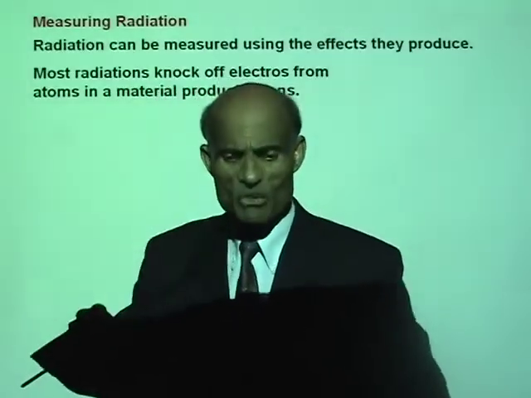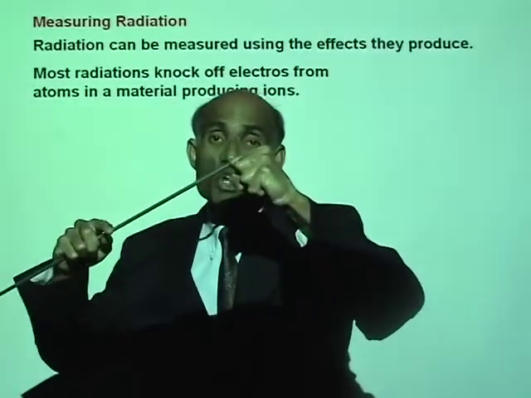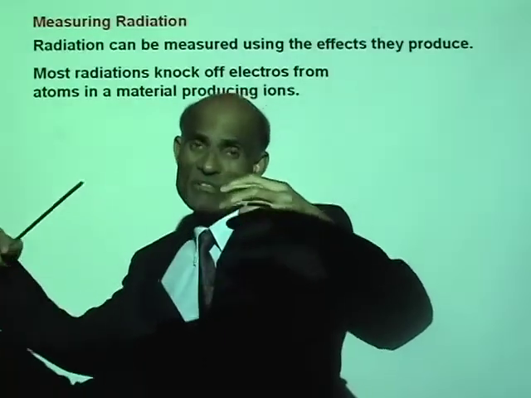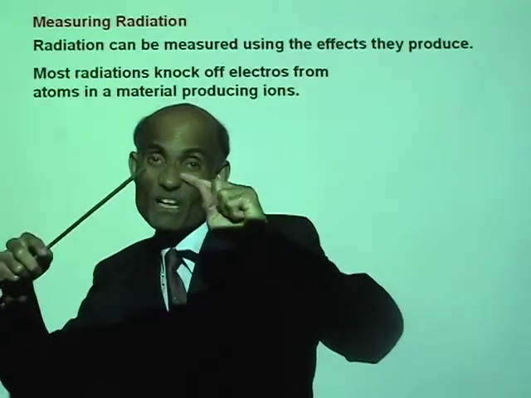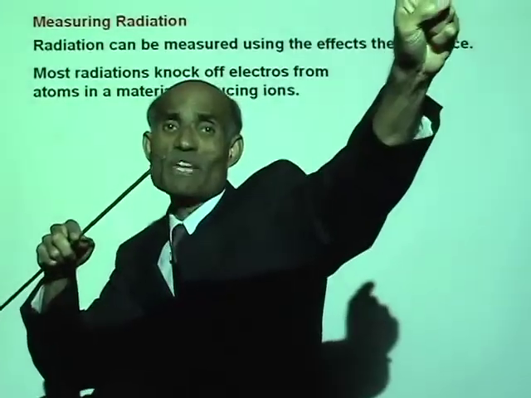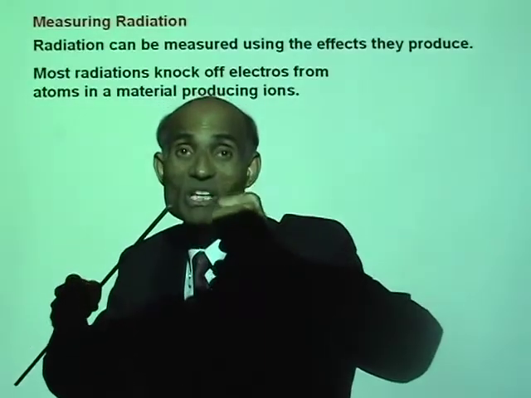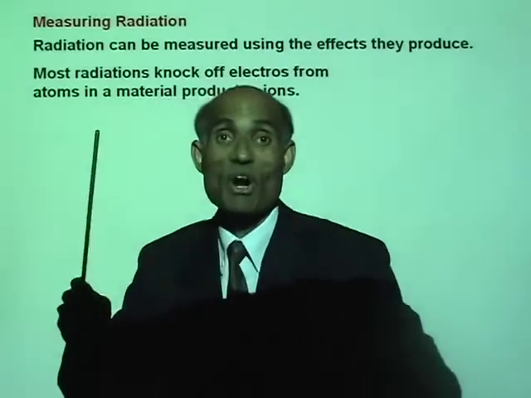In an atom the nucleus is surrounded by electrons, and if radiations pass through, some of them can hit the electrons and knock them off the atom. That means the remaining atom will be a positively charged atom, or it will be called an ion.